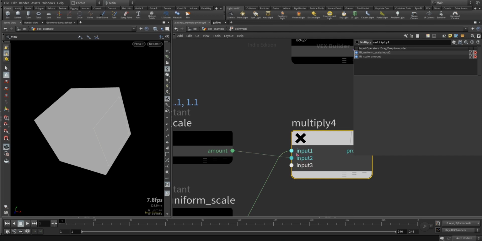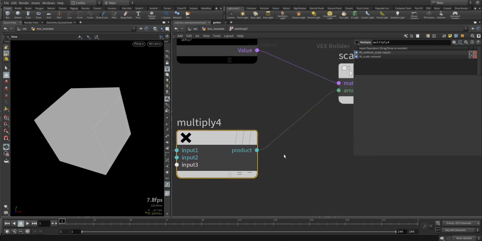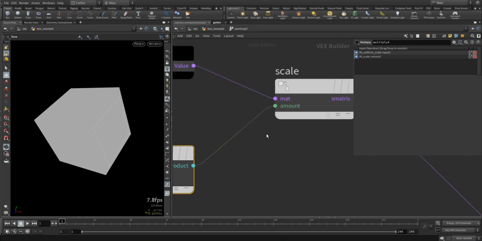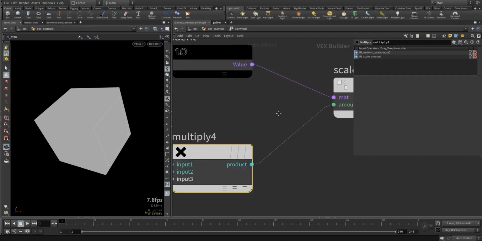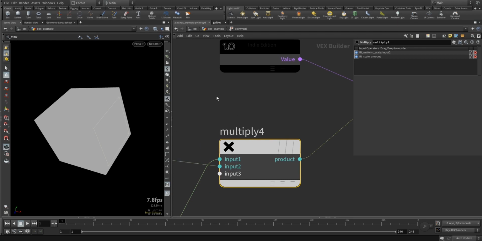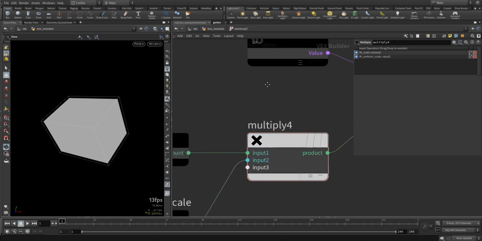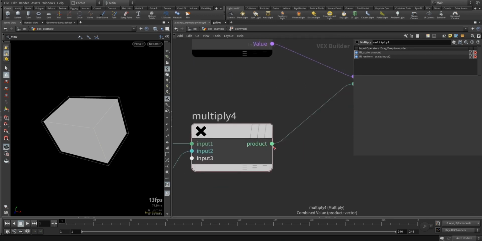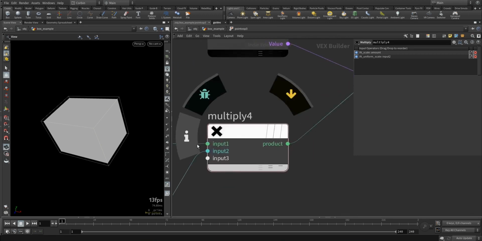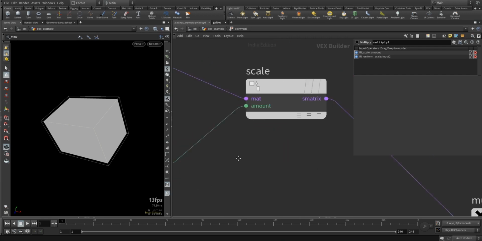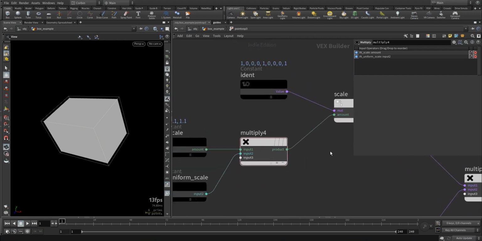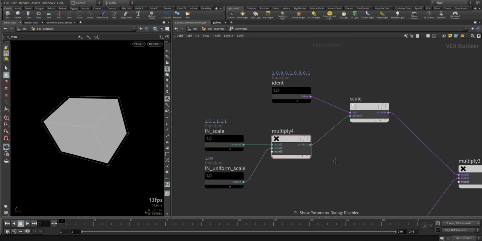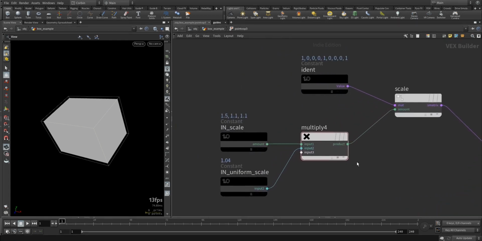If we reverse this, then the type will be float, so it compresses it to only one value, and therefore our scale is wrong. You can see there that the scale is very wrong. If I reverse that again, so it is a vector coming in multiplied by a float, then that's a vector coming out, because the input and output are both vectors, so now it works. This is how we calculate a very simple scale matrix.